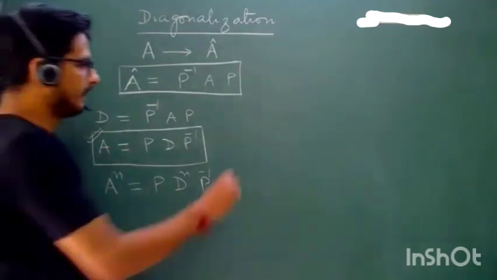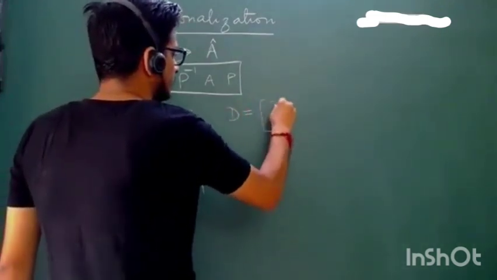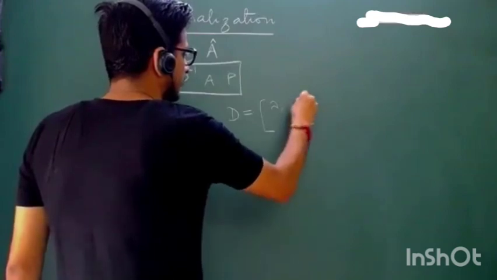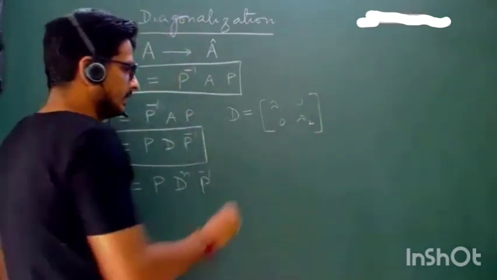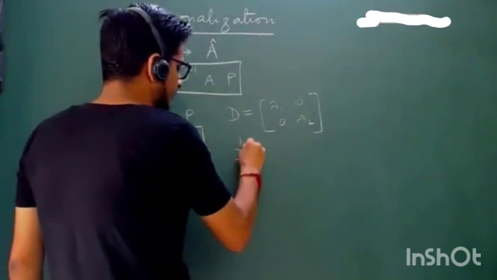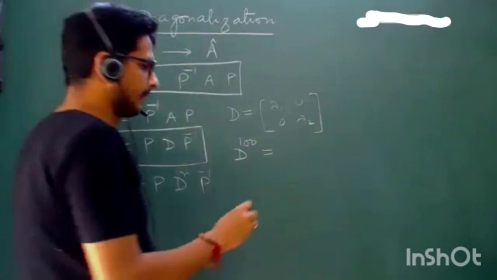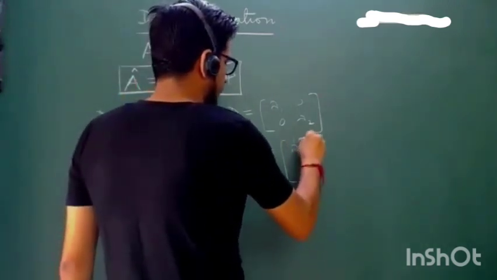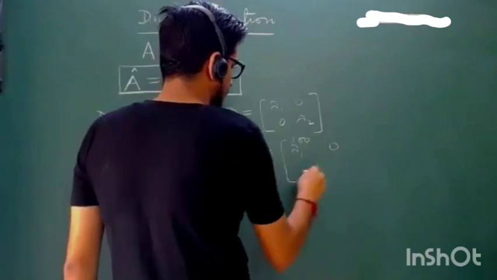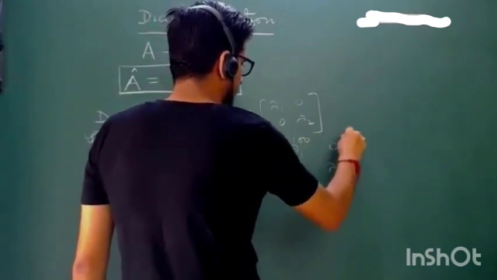For example, suppose I have a diagonal matrix like this, 2 cross 2, with lambda 1, lambda 2 here, and 0, 0. This is the diagonal matrix. If I write D to the power 100, it will be lambda 1 to the power 100, 0, 0, lambda 2 to the power 100.